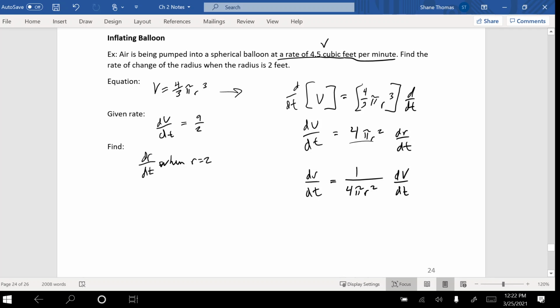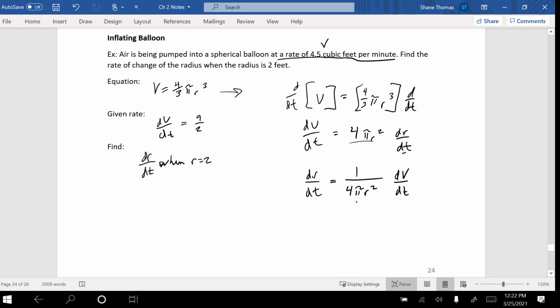I divided both sides by 4 pi r squared, so I multiplied both sides by the reciprocal. That's where I got this. And then technically this should be on the right. I just flipped it around. You with me? Okay.